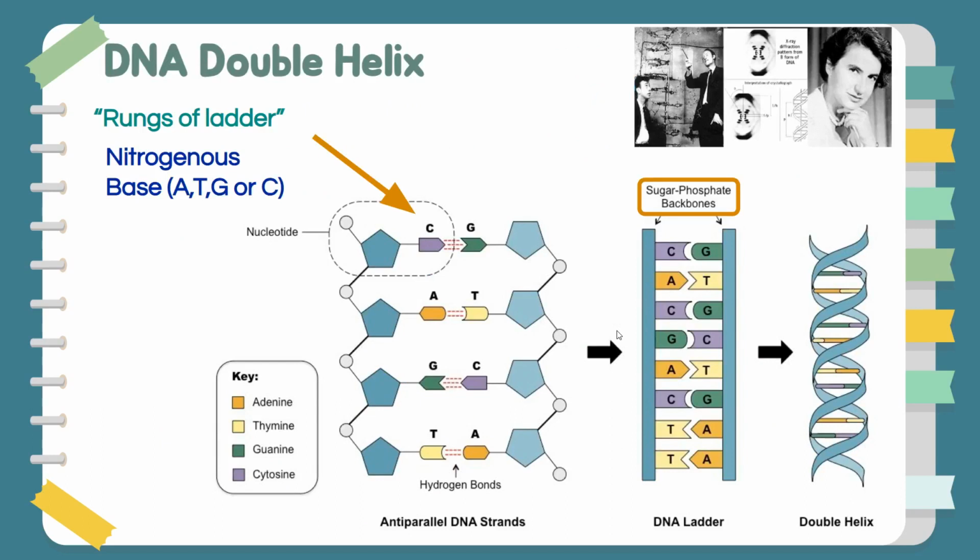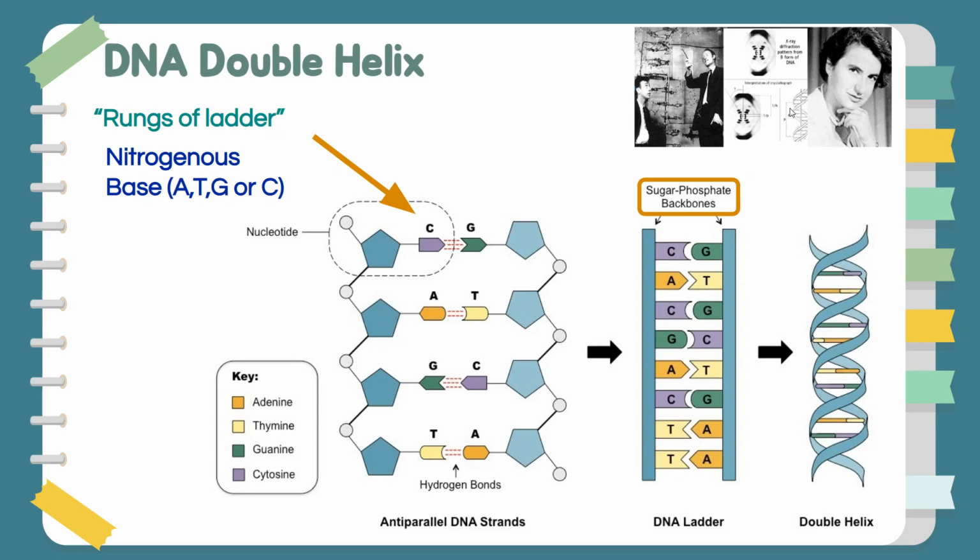Looking closer at the overall shape of DNA, it's said to be in the form of a double helix. Back in 1953, 2 scientists, which you can see pictured here, James Watson and Francis Crick, along with the help of Rosalind Franklin's X-ray diffraction, proposed a model for the structure of DNA.